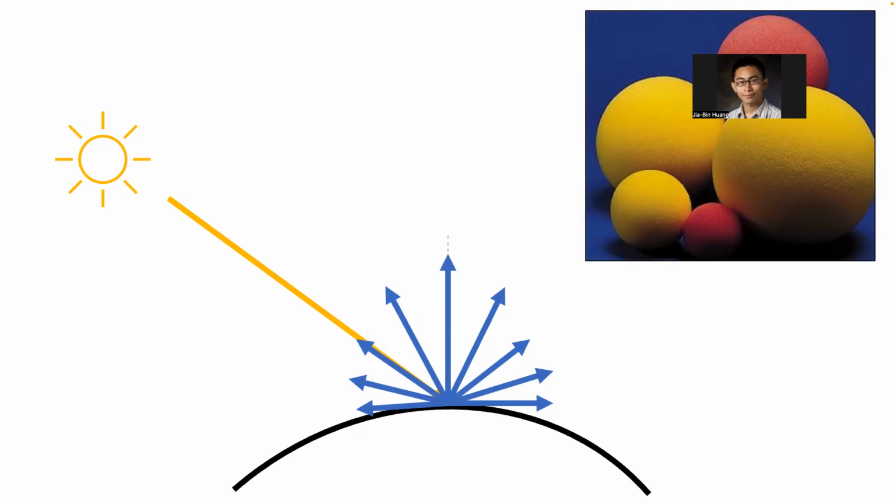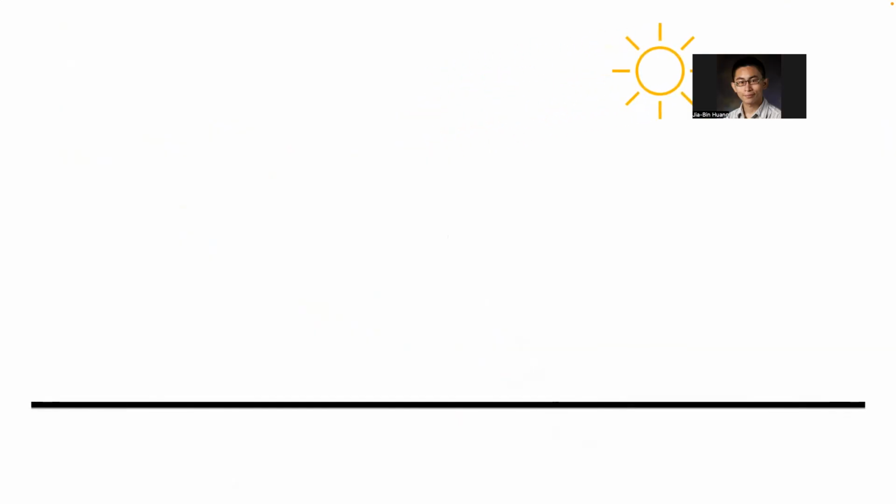But that doesn't mean that the same material will behave the same if you change the light. Then the question is, why is it brighter here, and darker here, right? It depends on the orientation between the surface normal and the lighting direction. This is a very important property that we'll use many times.